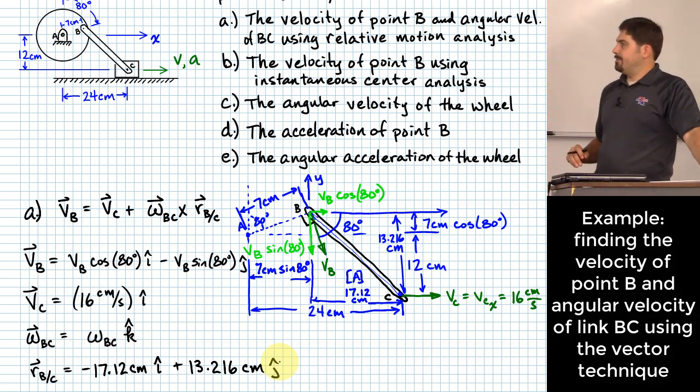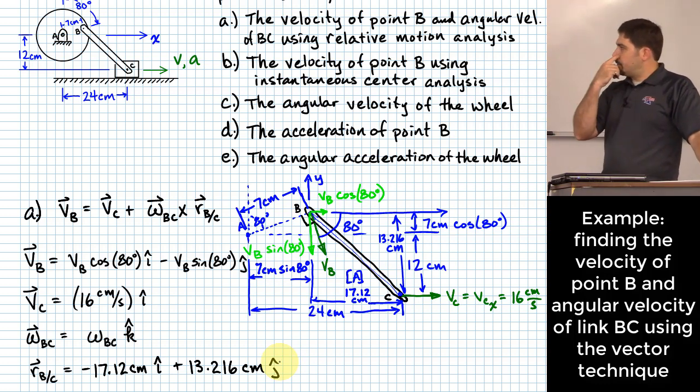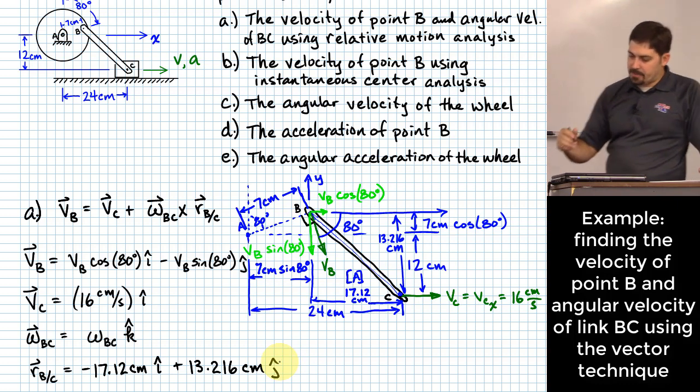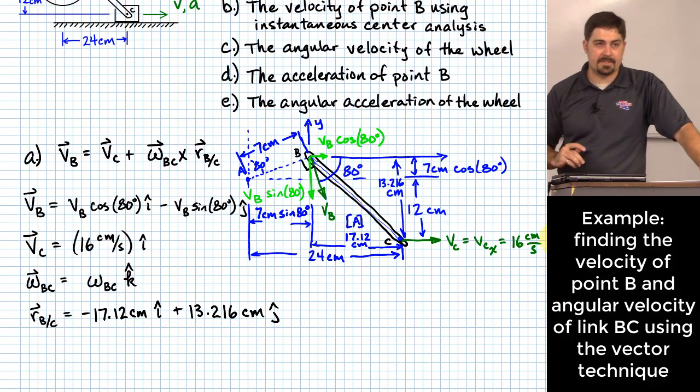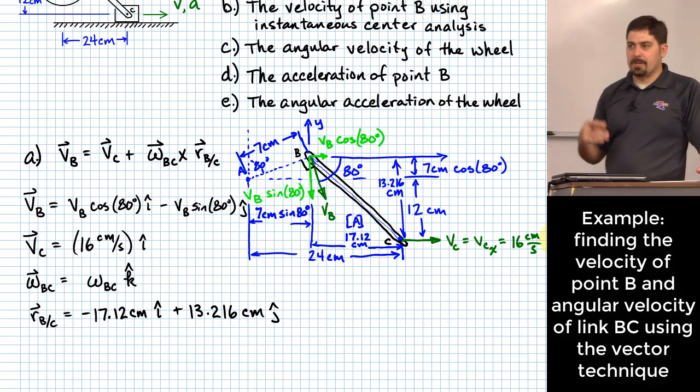All right, now we have defined all of the pieces that we need for our vector equation. Before I start writing my vector equation, there's one thing I want to do real quick, and it actually applies for a lot of these cases. It basically applies to 2D cases, which is a lot of what we do.